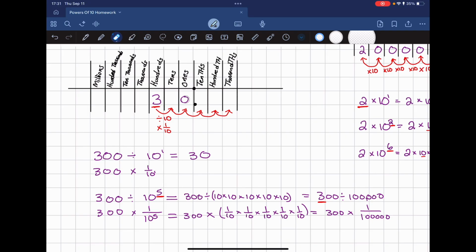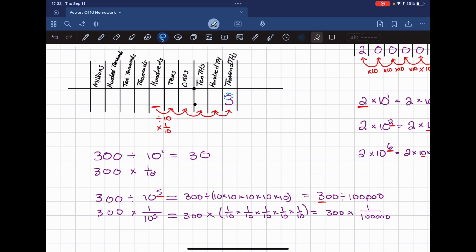So I am physically taking my 3. I'm going to remove my zeros for right now. I'm going to physically take my 3 and shift it: 1, 2, 3, 4, 5. That takes my 3 from the hundreds place and puts it in the thousandths place.